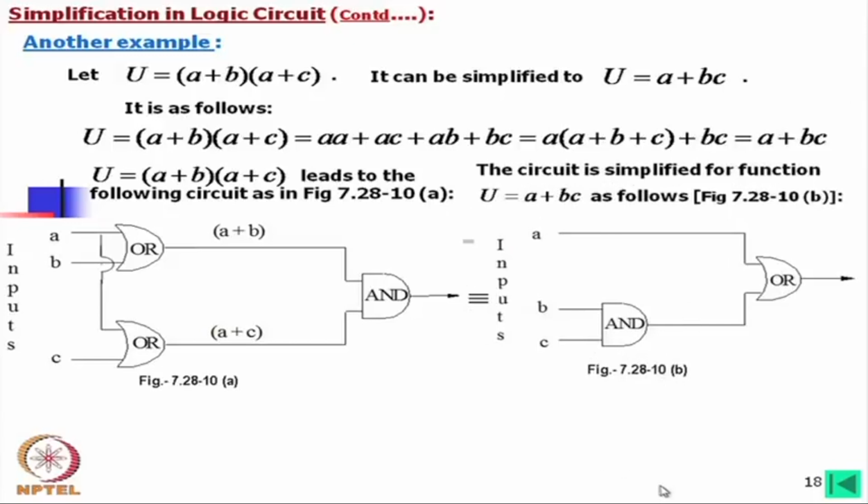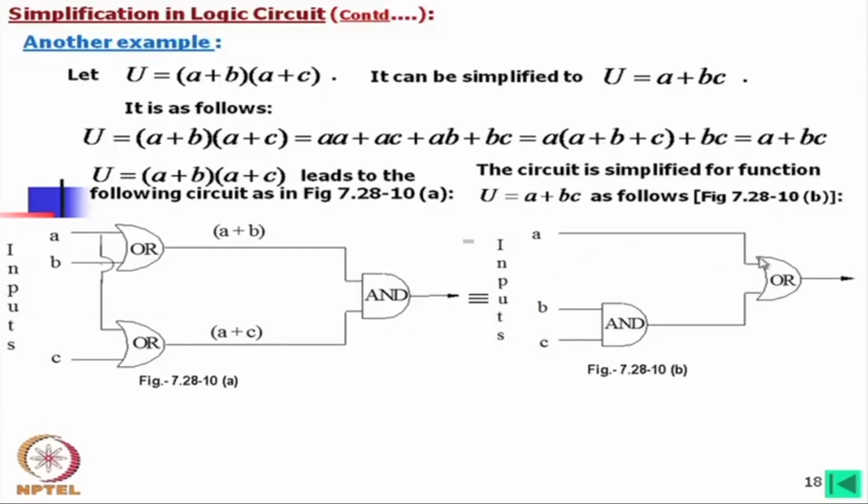In that case, if you had to make this full function in a circuit, this will be the circuit. Okay. A plus B through an OR gate, C through an OR gate, and A also through the same OR gate. So, we are getting this output, then these two go to this AND gate.